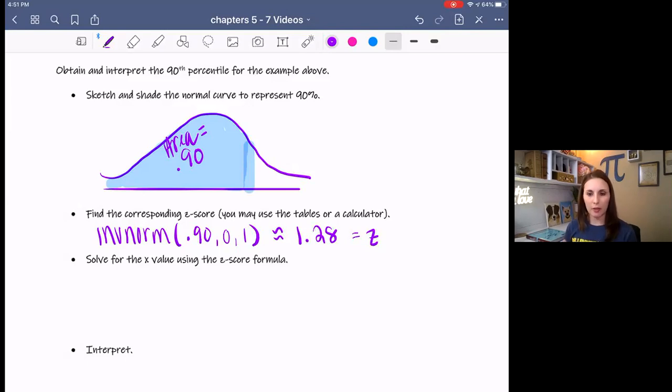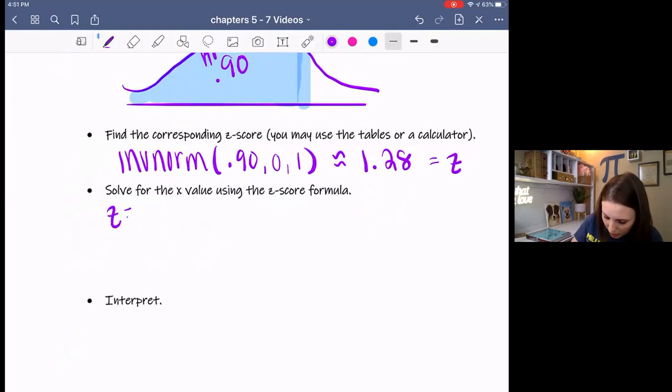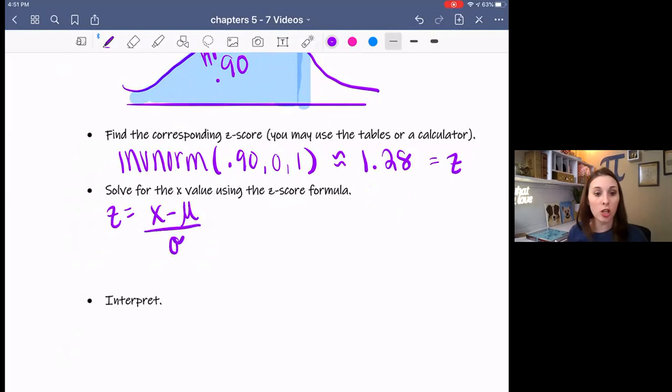Now I came back from pausing the video because this part I haven't really explained. If you did it, that's wonderful. We're hoping to find the x value associated with the 90th percentile. So the z-score formula, I have a z-score and I know a z-score formula. X minus the mean over standard deviation.